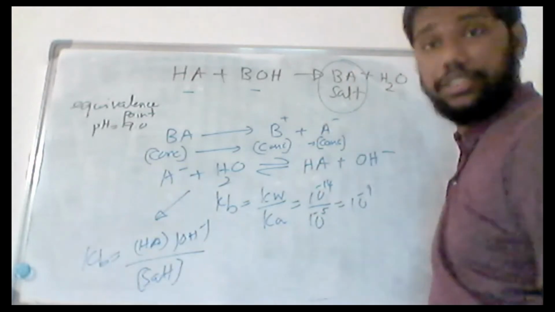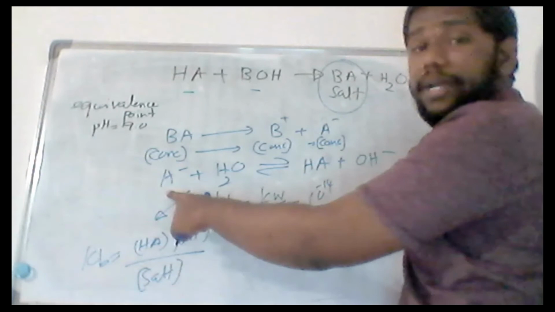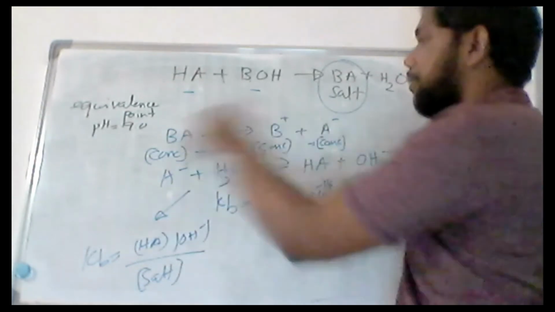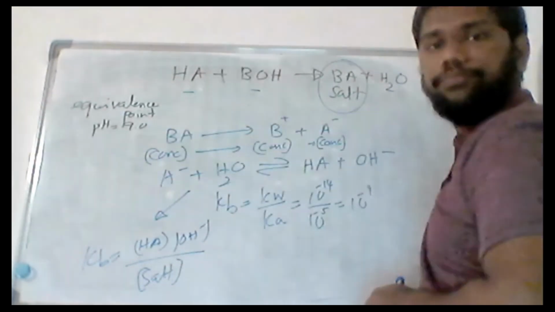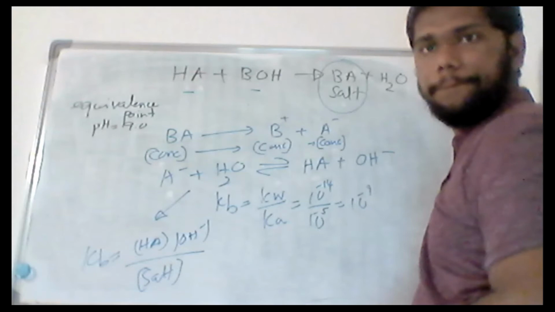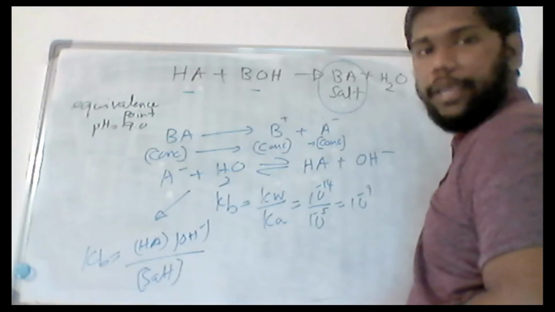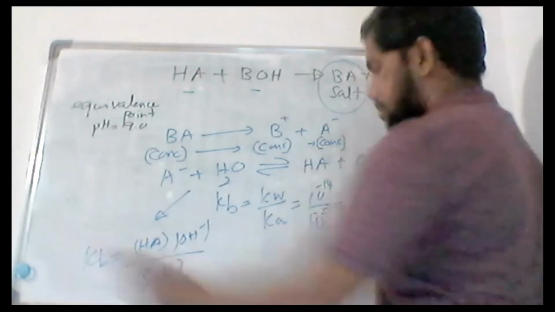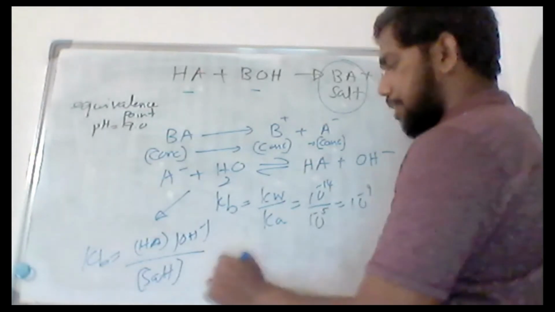I can put the salt concentration directly because the A minus concentration is equal to my salt concentration at equilibrium. So Kb is known. This is 10 to the power minus 9.